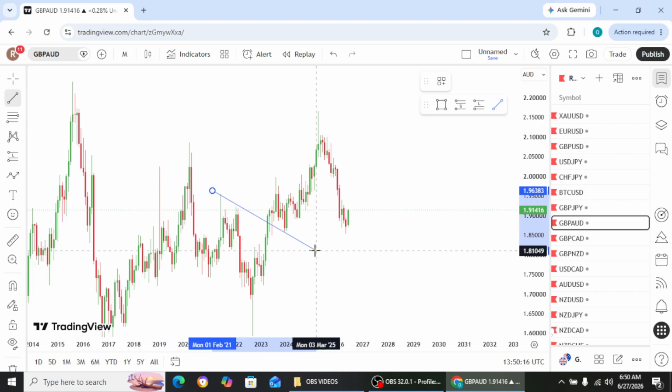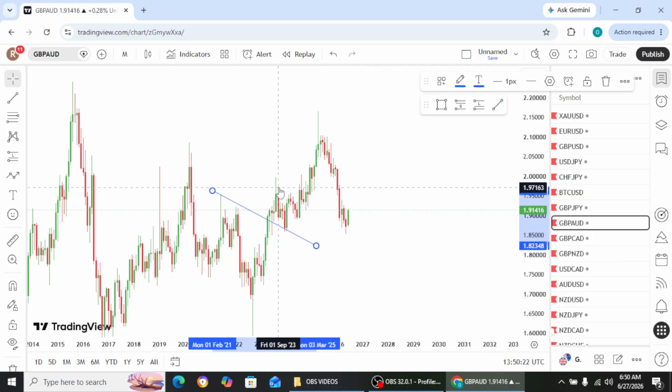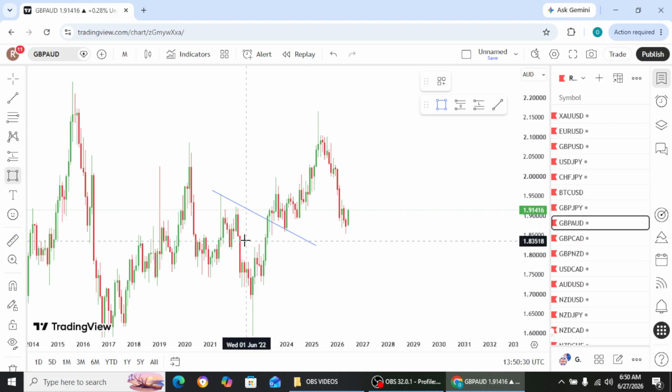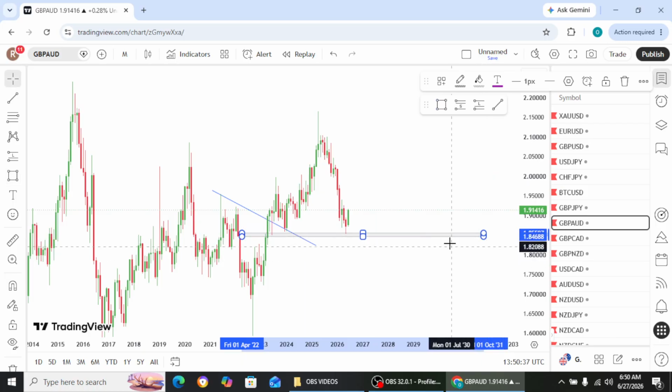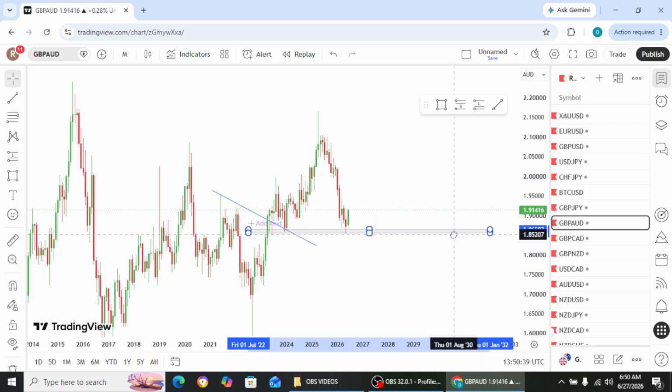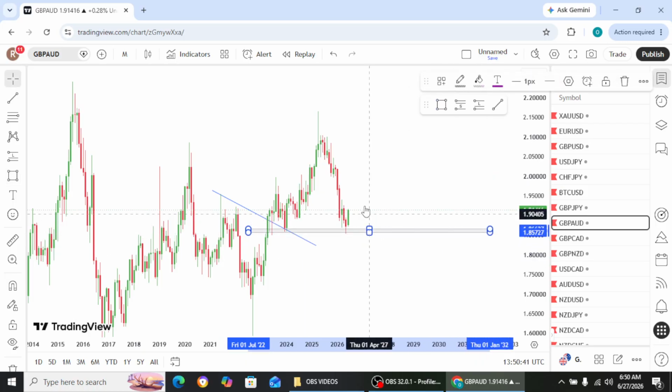I can see the market broke out of this structure, retested this structure, and that's what gave us this move. And now the market has come back to that same level, and you can see some level of bullish movement.